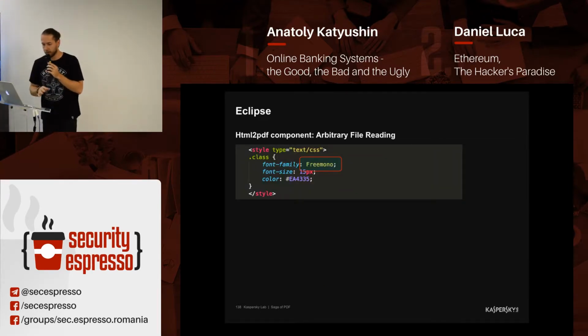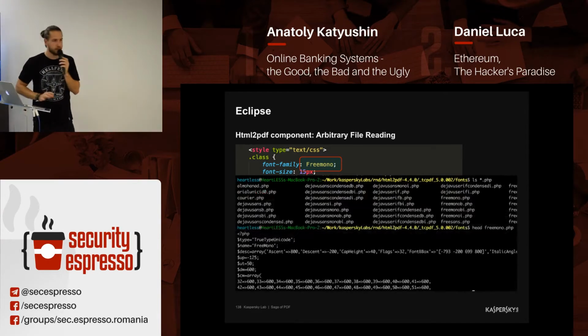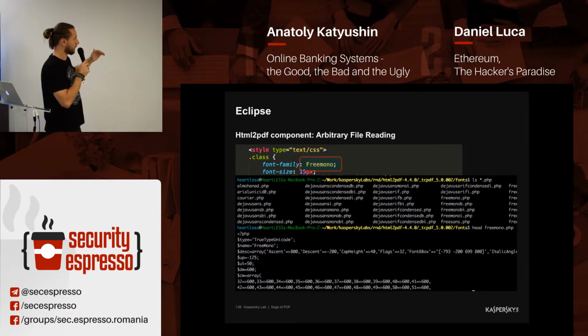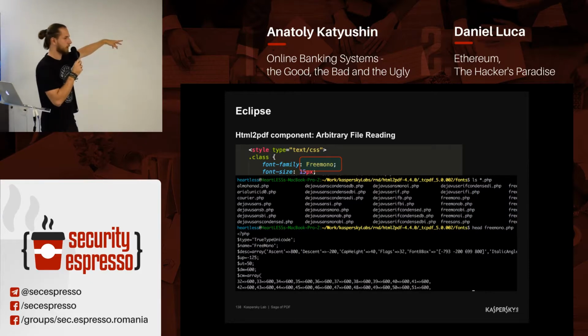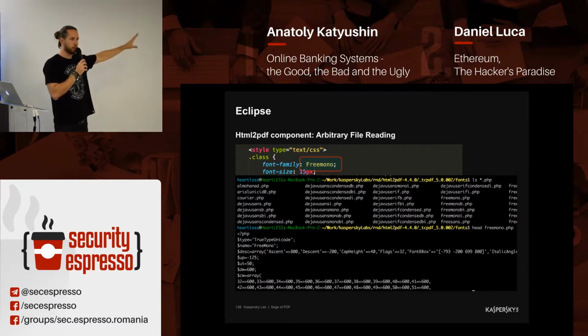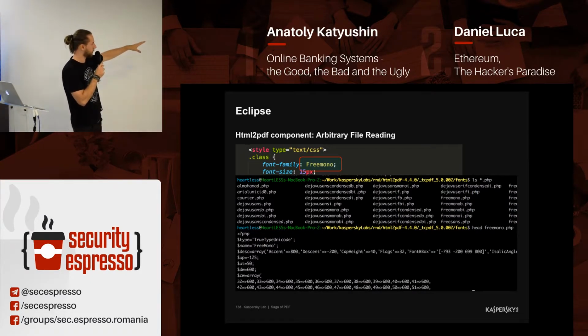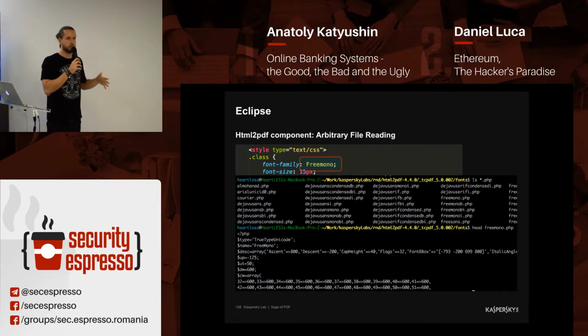And so we decided, in this library you could specify a font family. And for example, if I specify a font family like free mono, it will try to find on the system this free mono PHP. And here you can see that it is already pre-processed. It has some array with some coordinates, just for optimization.